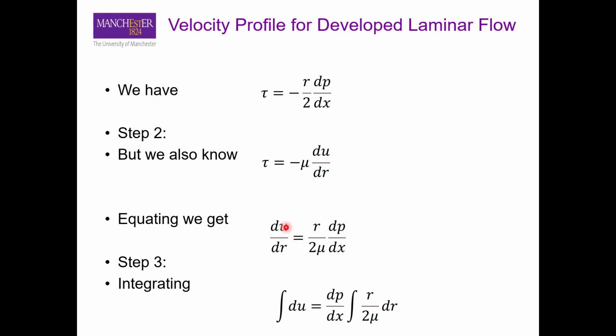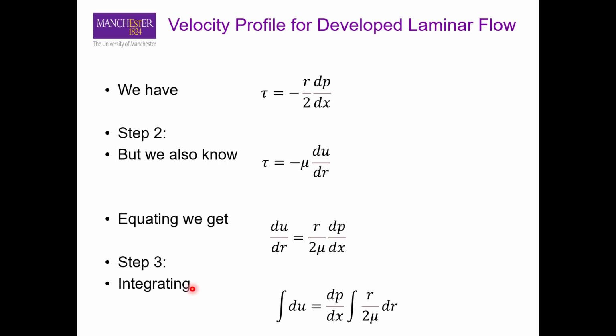That is the velocity gradient with respect to r, the radial direction, because when we talked about Newton's law of viscosity, we talked about the velocity gradient in the y direction that was perpendicular to the flow, and here r is the direction that is perpendicular to the flow. So that's why we write du over dr equal to r over 2 mu times dp over dx.